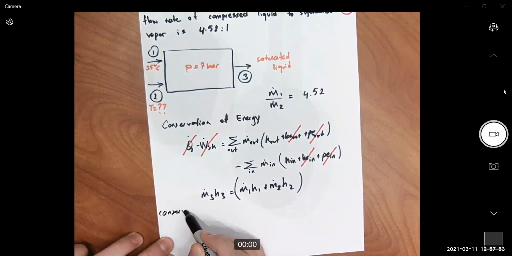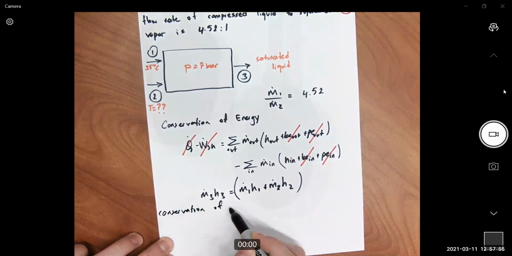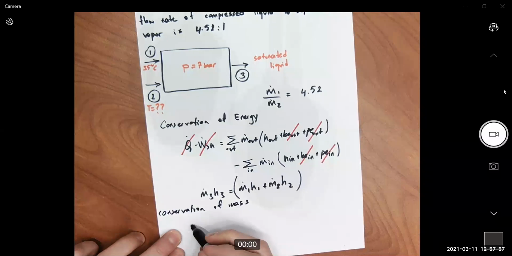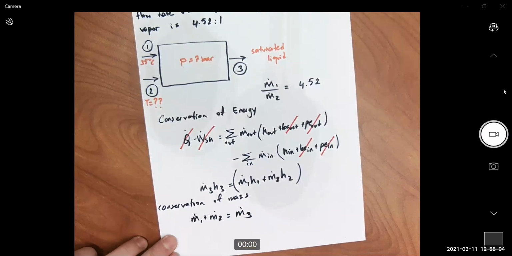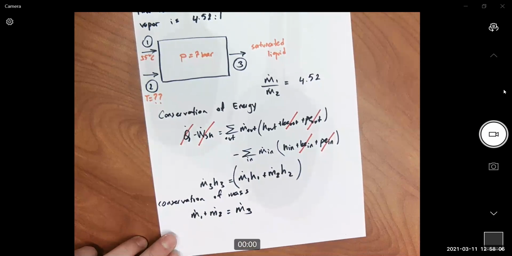Right? From the conservation of mass, M1 plus M2 equals M3. Right? So I can replace my M3 with M1 plus M2.